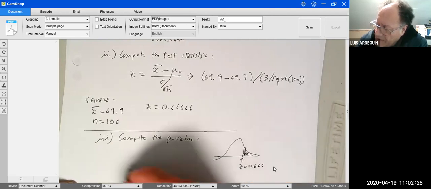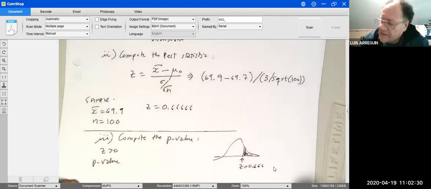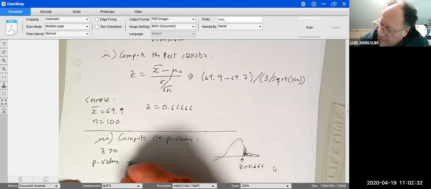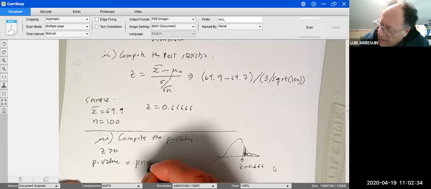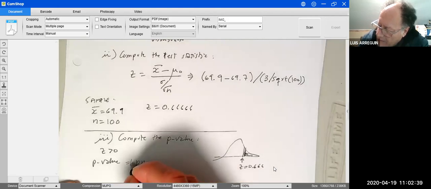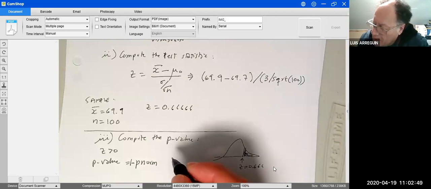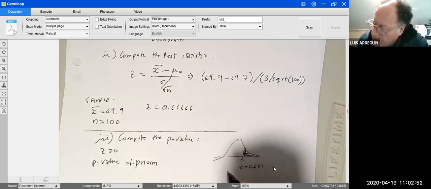So our p-value is going to be 1 minus pnorm. Let's see, I'm going to compute.